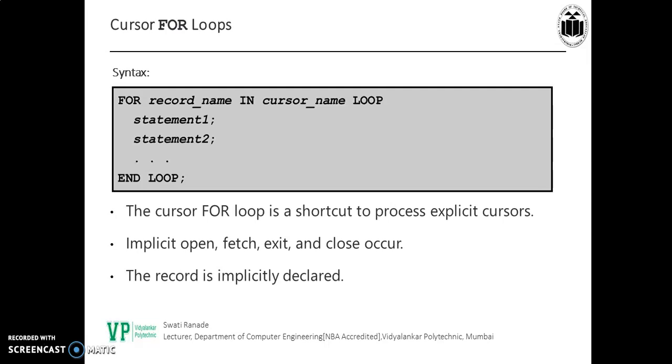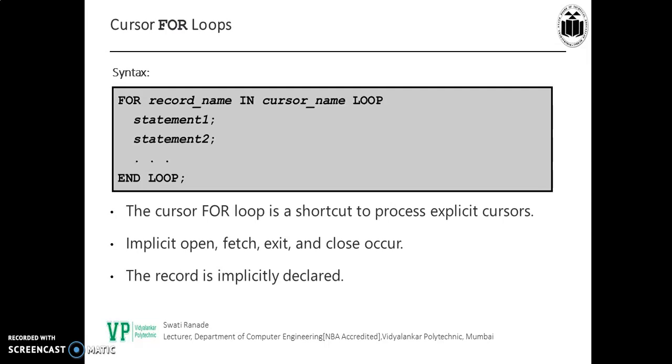In this syntax we write the for keyword, then the record name. That record name will be our counter, then in, then the cursor name. As we know, a cursor is nothing but an active set. It has various records, so it's nothing but an array. So for array elements, we are going to execute some statements.